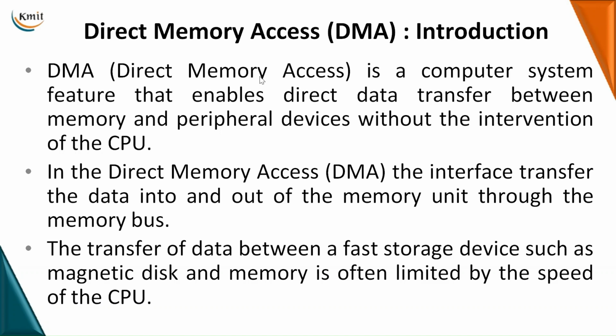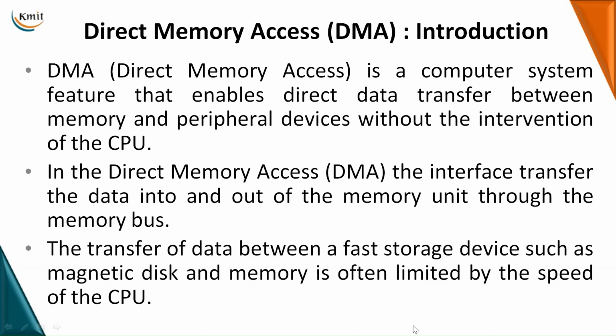The main function of a CPU is executing the user programs or the particular instructions of a program. In case of a data transfer, the intervention of a CPU is not actually required. So in direct memory access, we perform a data transfer between the memory unit of a computer and the peripheral devices without the intervention of the CPU.